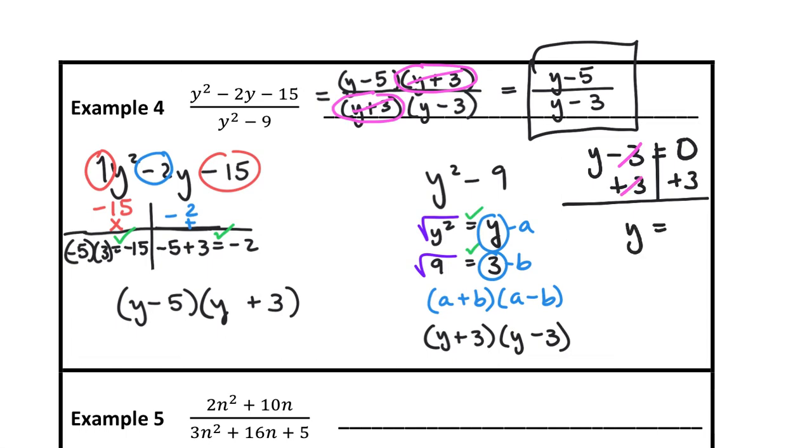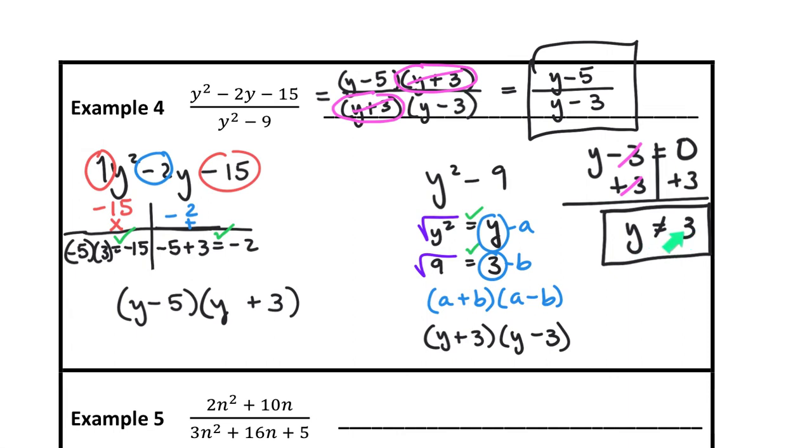Y equals 3. But remember, we're going to put cannot equal to. So again, we take the bottom, y minus 3. We put it equal to 0. We solve for y. And then we say that y cannot equal 3.